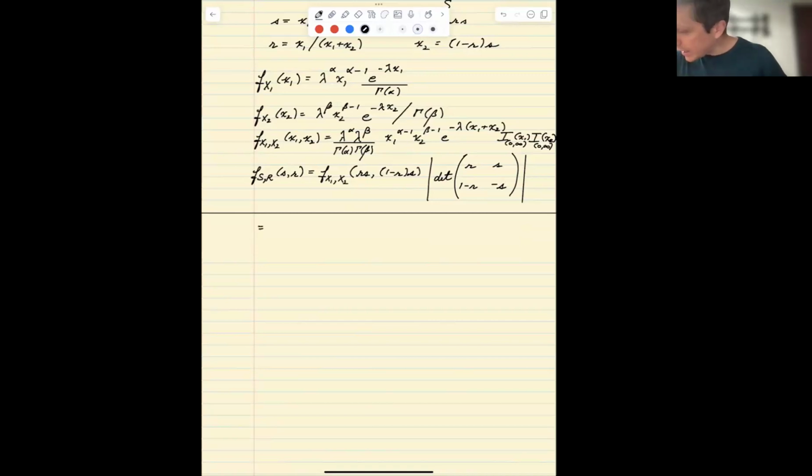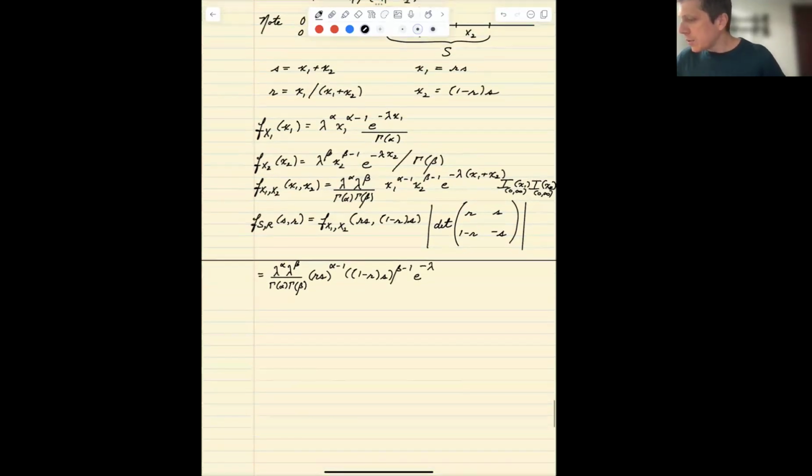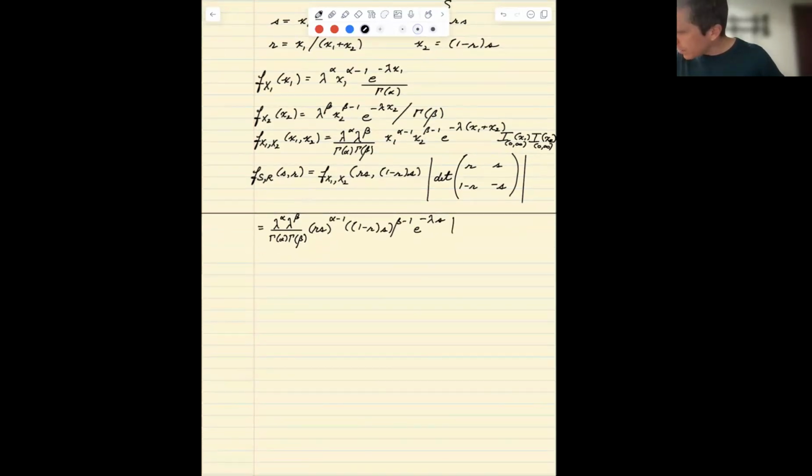So how does all this shake out? We have lambda alpha, lambda beta, over gamma alpha, gamma beta, RS to the alpha minus 1, 1 minus R times S to the beta minus 1, e to the minus lambda times x1 plus x2, and x1 plus x2 is S. And then in this determinant, we have minus RS minus (1 minus R)S.